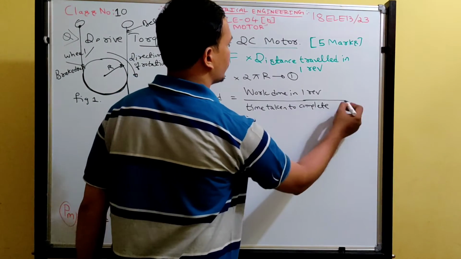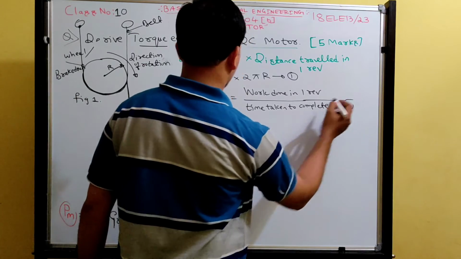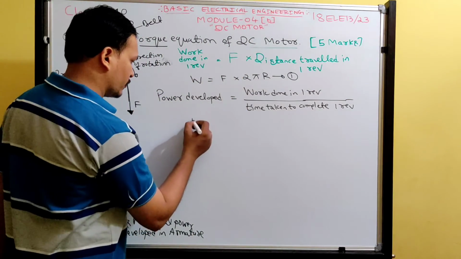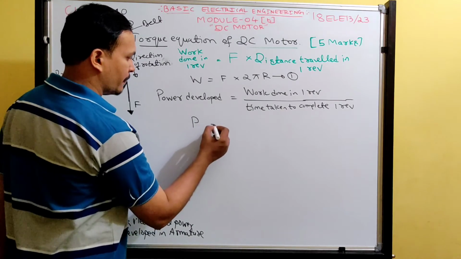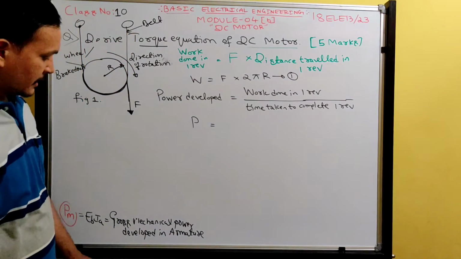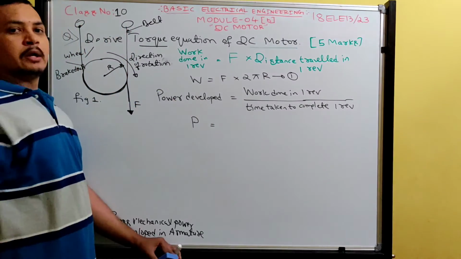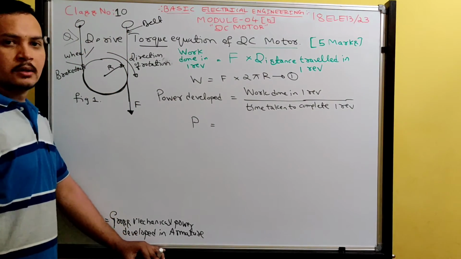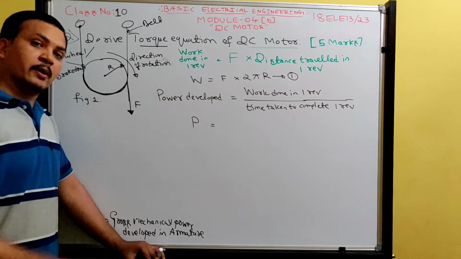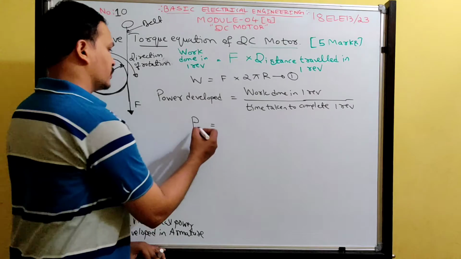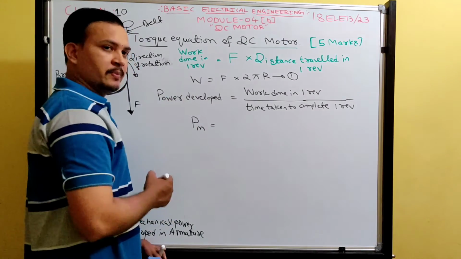Power developed I am writing as capital P. Where is this power going to be developed? In the armature. This is the gross mechanical power, that is Pm.